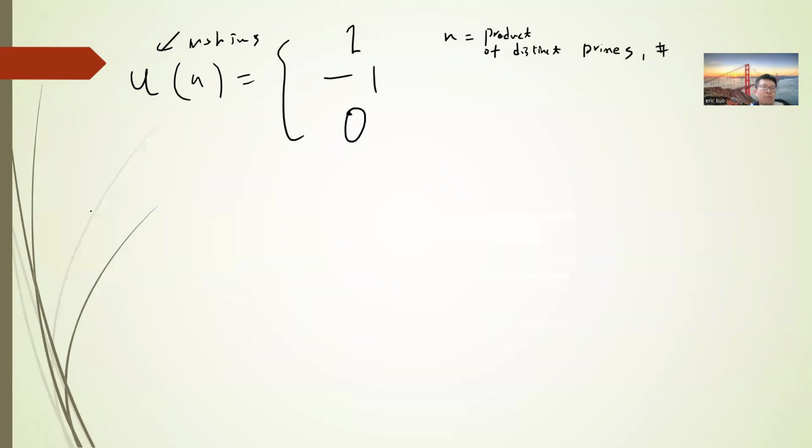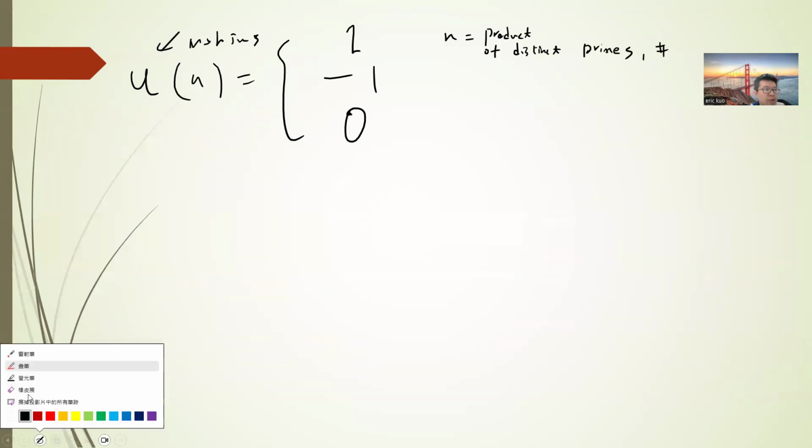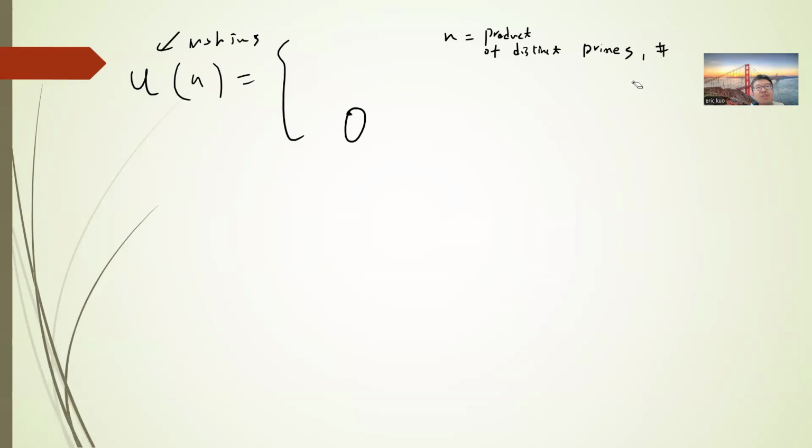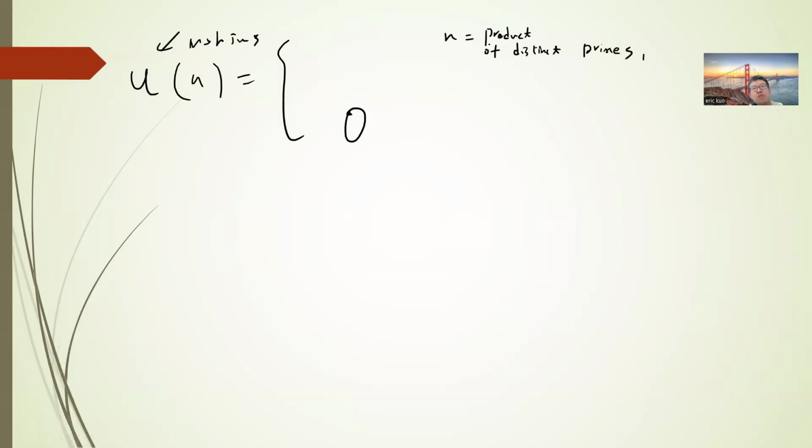Okay, maybe this is a bad notation. So if n is a product of distinct primes, let's say the number of distinct primes is k, then this is defined to be minus 1 to the k. Otherwise, it's 0.